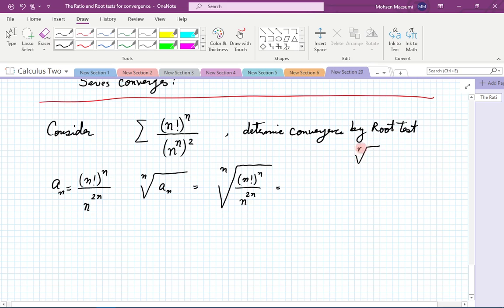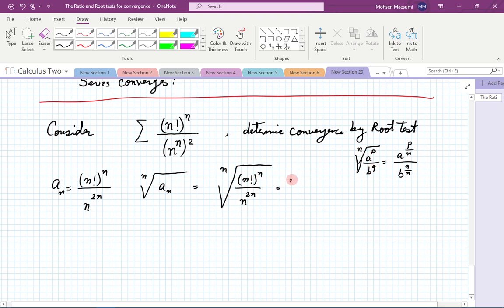If you have a to the power of p divided by b to the power of q, this is a to the power of p over n divided by b to the power of q over n. Is that right? So n becomes the denominator of these exponents. That's from your algebra.